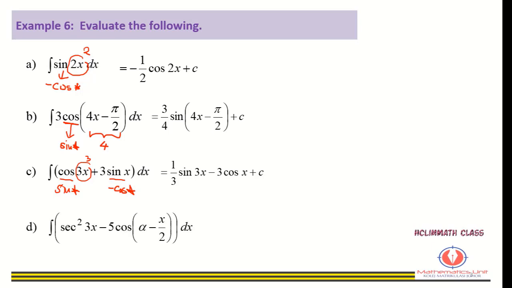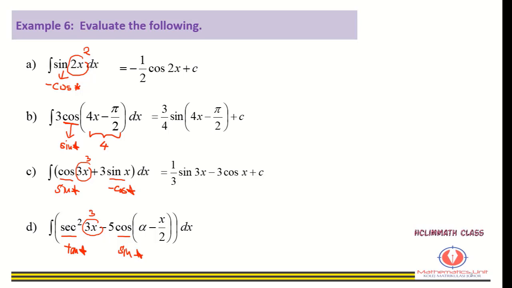Okay, example D, we have the function secant square and the cos. As we know, the differential of the function secant square, we are going to get the tangent, and for the cos, we are going to get the sine. So for here, we have to consider the differential of 3x to get 3. For this case, the angle is alpha minus x over 2.